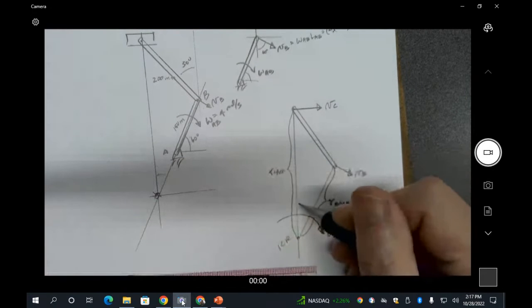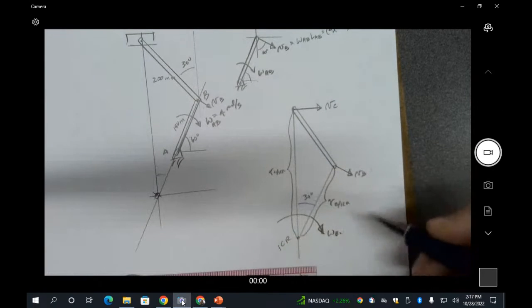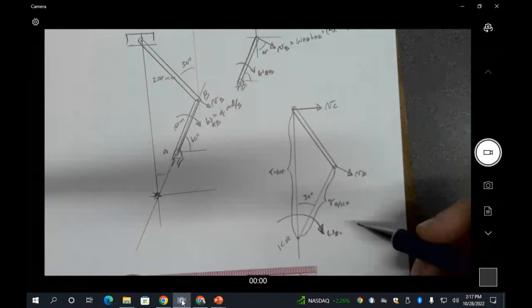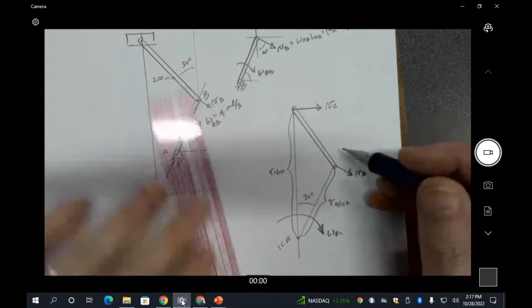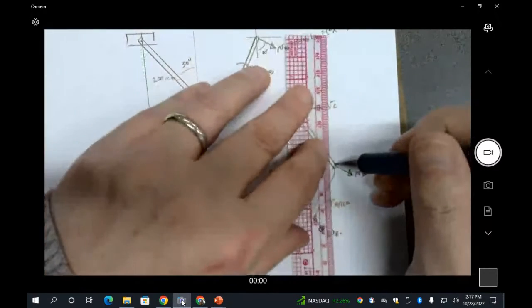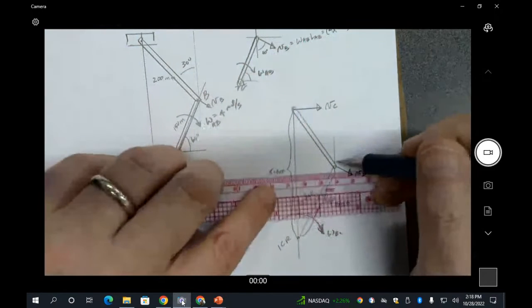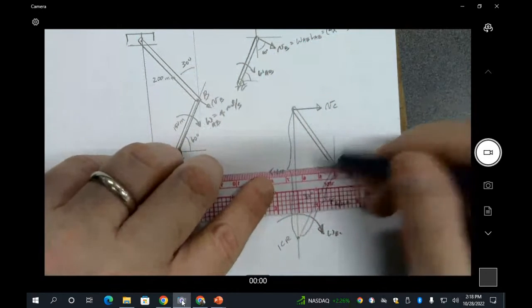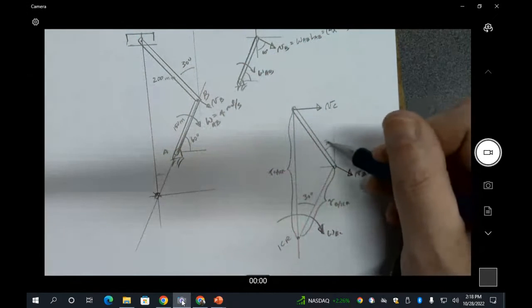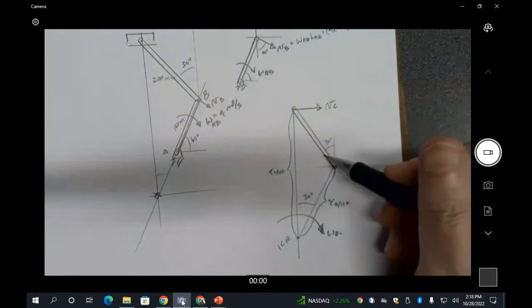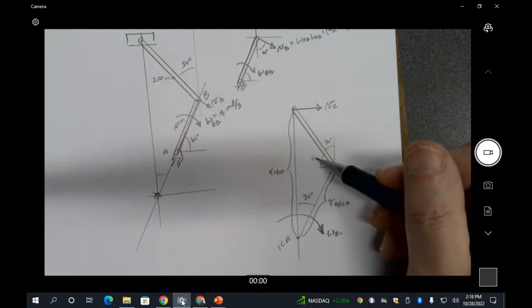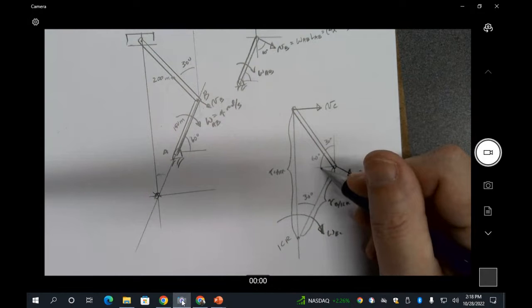So this one must be 30 degrees. And we were told this is 30 degrees right here. So this must be 60. And the same is true for that. This must be 60.